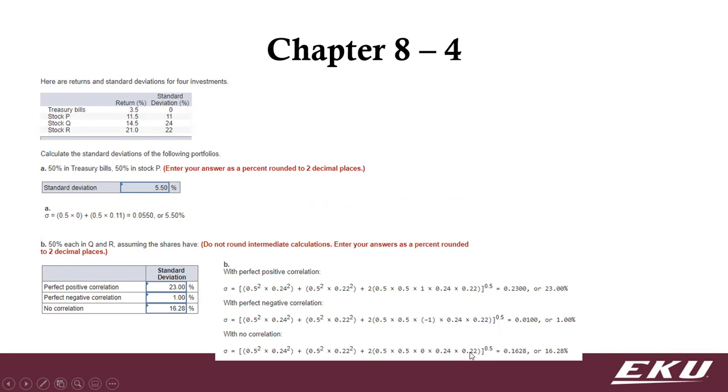And so you're going to see a term basically disappear, and that's okay. A correlation of zero is really nice for portfolios also. So worst case, you would have been 23%, perfect positive correlation, but anything less than that, you're going to have less of a variance.